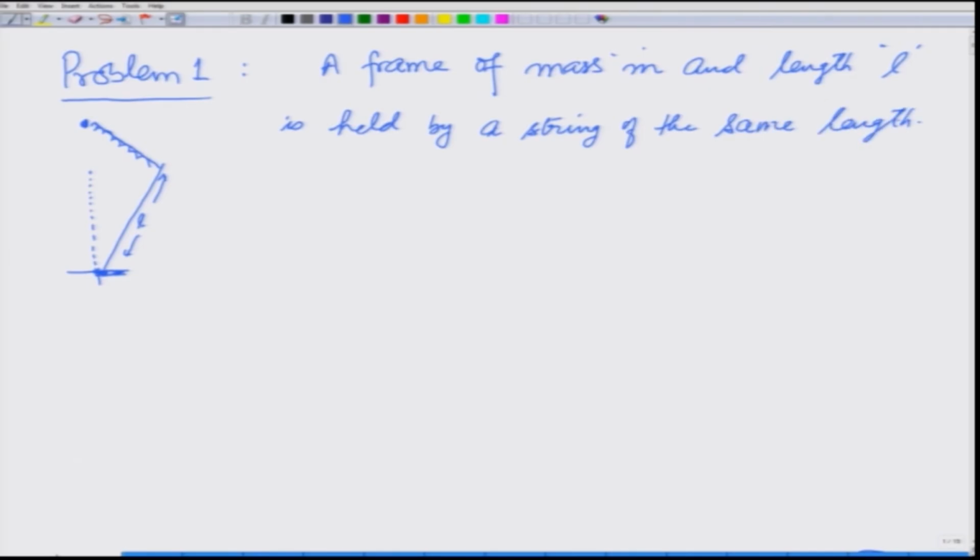The width of the frame does not matter. The string is tied to a nail on a vertical wall.